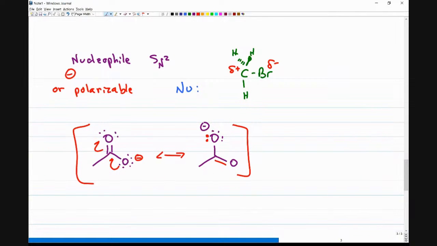This distributes the charge and makes it a weak base, because in a base you want to have a strong charge. If the charge is resonating, then it's not as concentrated on one atom, and that makes it not as desirable for this molecule to reach out and grab a hydrogen.